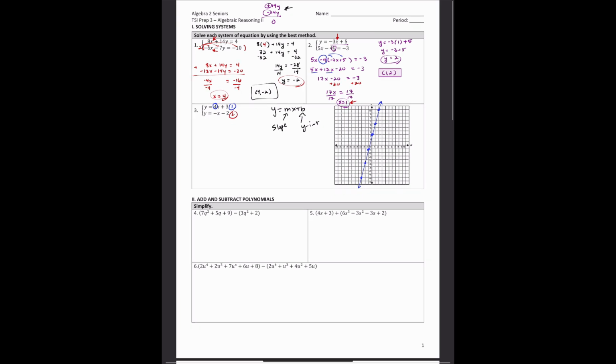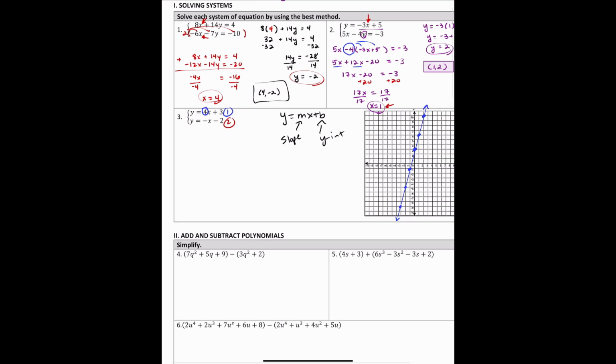All right, so now for our second equation, our b value is negative 2. So I need to go here, that 0, comma negative 2. And this negative x just means we have a negative 1x.